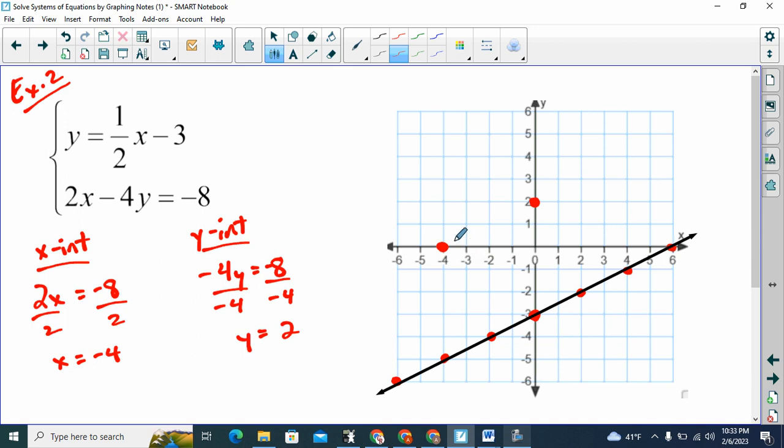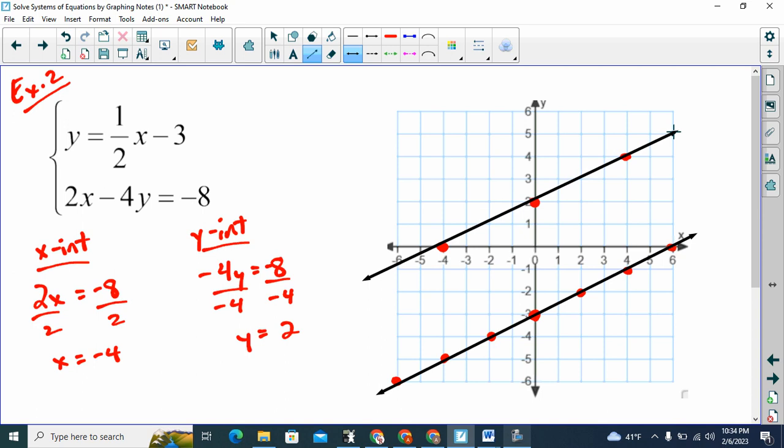That'd be enough to draw a pretty good line. If we do need additional points, you can check the slope. To go from here to here, my slope is up 2 over 4. So I could go up 2 over 4 more. If I had a bigger graph, I could go down 2 and left 4 to get another point over here. And we graph this line.